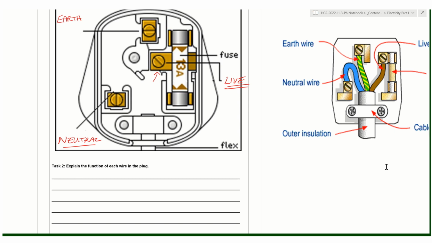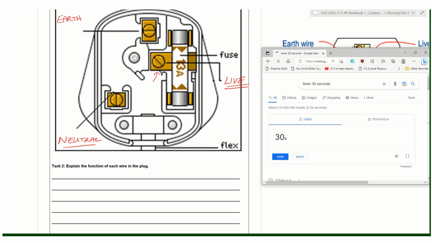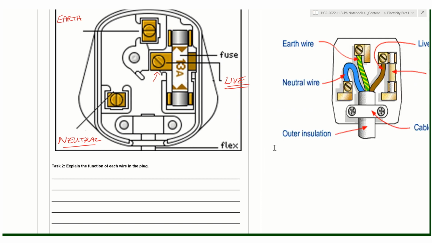The neutral wire is shown as blue and the live wire is brown. And you have to remember those colors. So the earth wire, green and yellow, the live wire is brown, and the neutral wire is blue. Apologies for that.